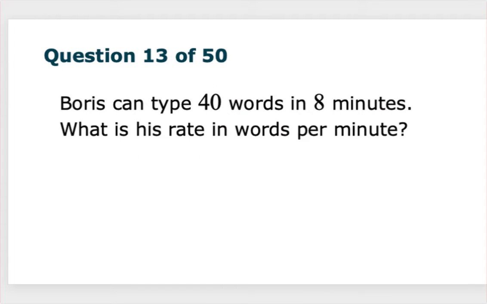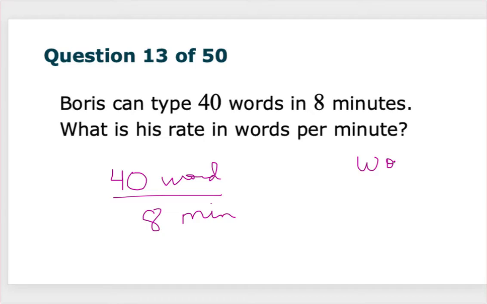Question 13. Boris can type 40 words in 8 minutes. What is his rate in words per minute? Okay, so if he's doing 40 words in 8 minutes, and we want words per minute, don't we want words in 1 minute?